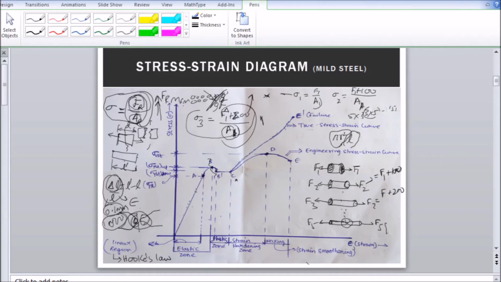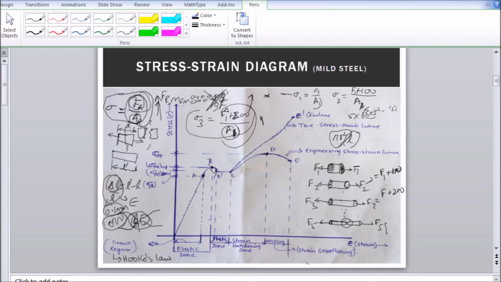Due to that, we need to increase our stresses to create further strain. So what is happening is recrystallization or reorientation of grains is required, which requires high application of stress to create any further strain. That's why it is the strain hardening zone.